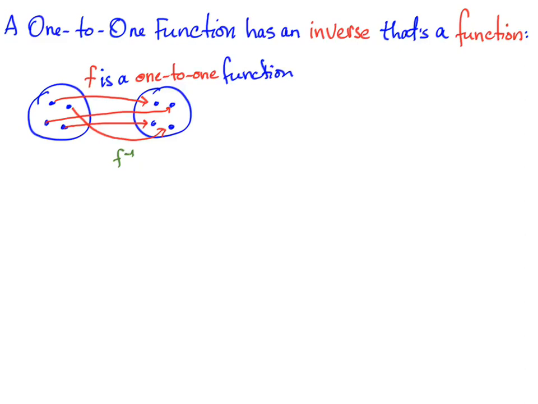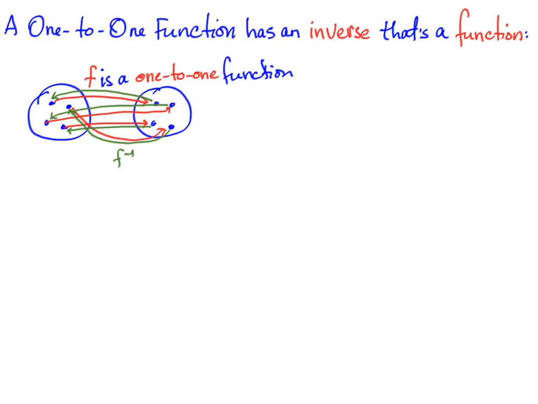If we want to look at the inverse, it is another relation that just reverses all the arrows. So if I reverse all the arrows, I get a new relation where the inputs are on the left now and the outputs are over on the right. Looking at the inputs only, each input has only one green arrow coming out of it.